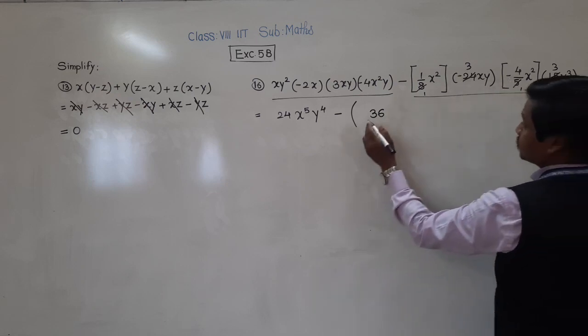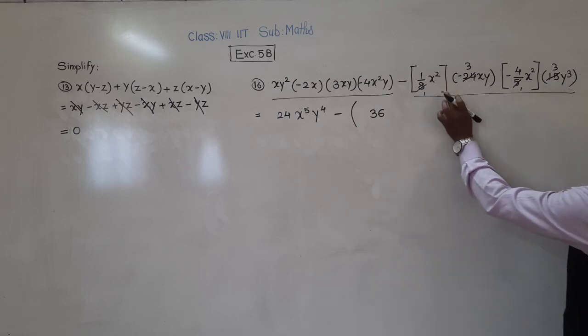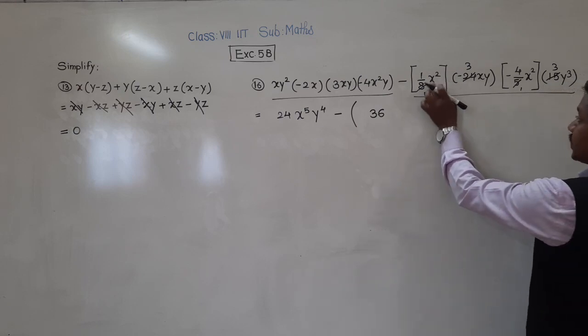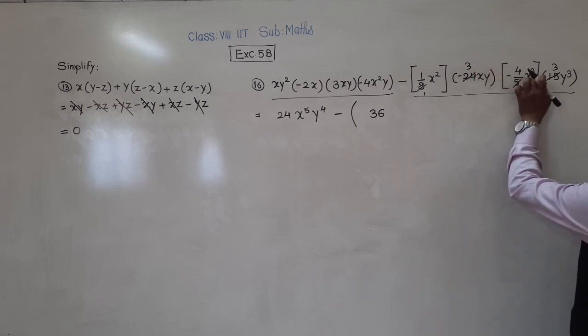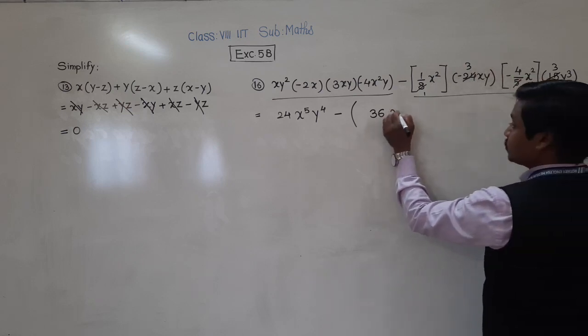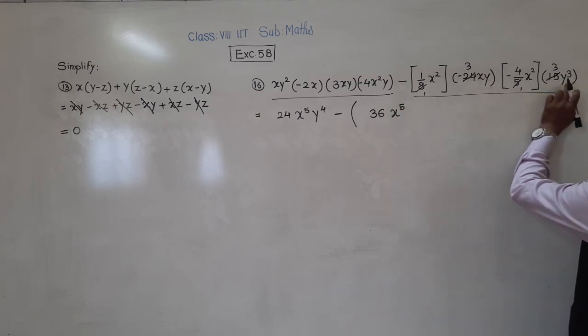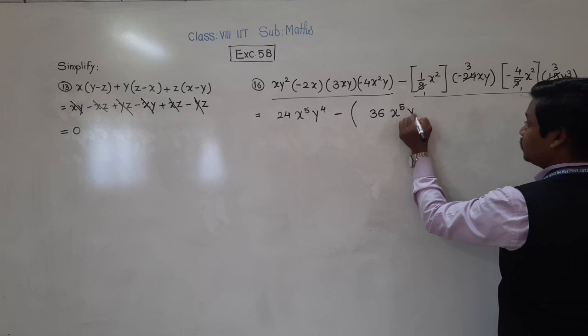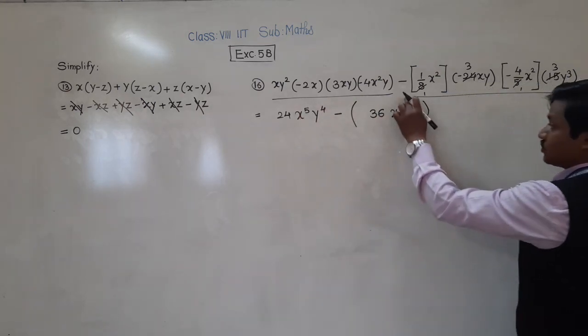Minus, minus. So minus into minus, plus 36. Now see literal factors: x square, so x 2, here 1, 3, here 2. 3 plus 2, 5. x raised to 5, correct? And how many y are there? y and y raised to 3 becomes y raised to 4. See here, x raised to 5, y raised to 4, x raised to 5, y raised to 4.